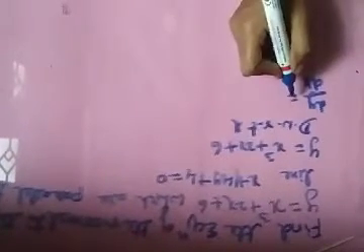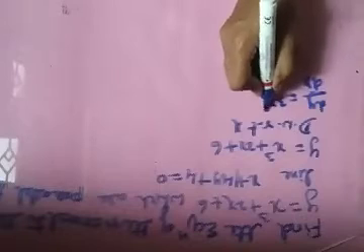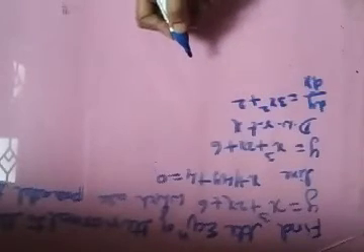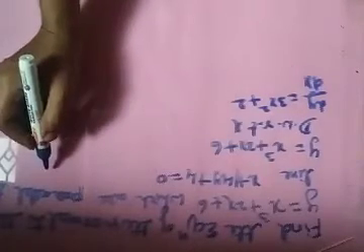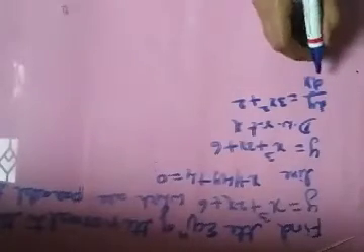So y is equal to, consider the curve, x cube plus 2x plus 6. You differentiate with respect to x. It becomes dy by dx is equal to 3x square plus 2. Here the line has been given.